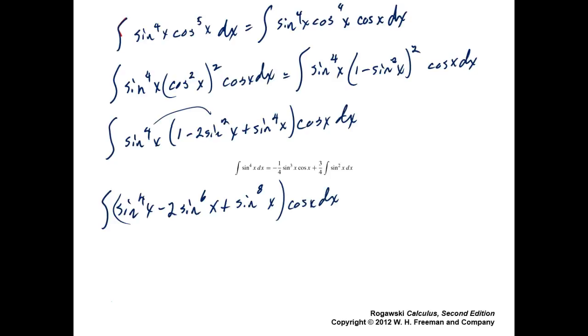Say again? Substitution. I like it. What would you substitute? Let u equal sine x, then du is equal to cosine x dx, write it differentially, okay? And what do we have then?